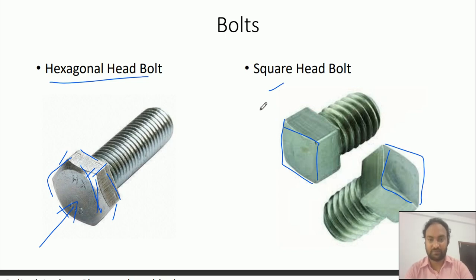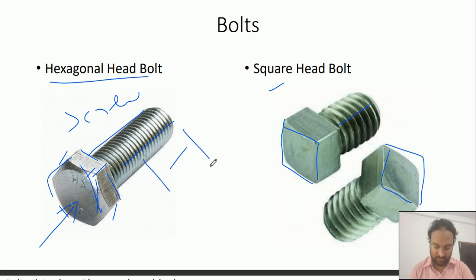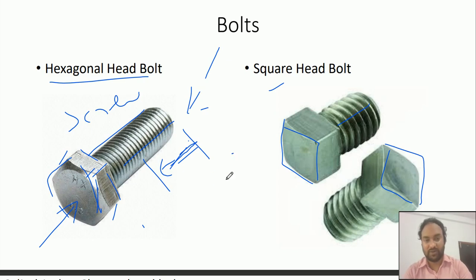Now you see the thread throughout here and here. If we cut the thread throughout its length, it becomes a screw. Otherwise, if the thread is only at a certain length, not on the whole of the shank, that means it is a bolt. This is the very common difference authors have used to differentiate bolt and screw.